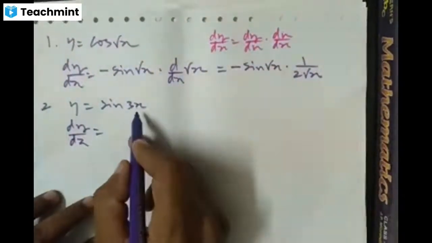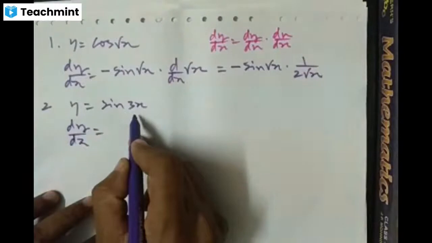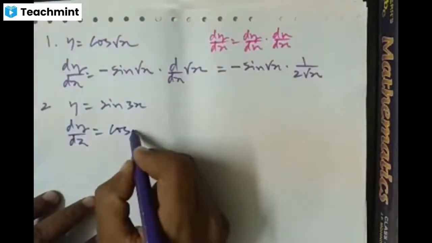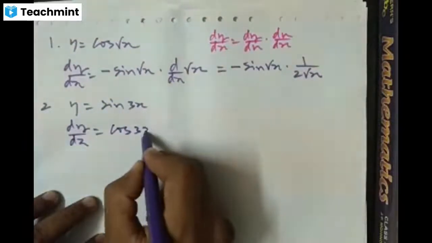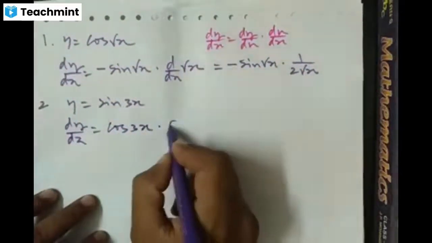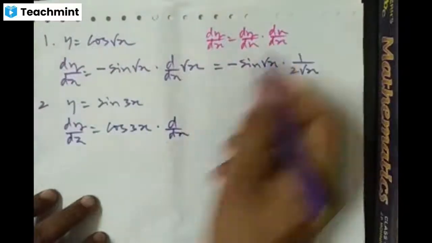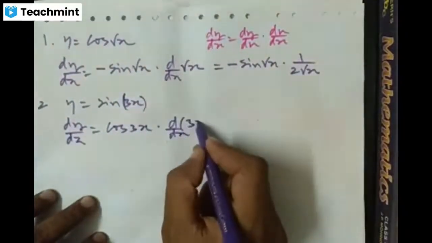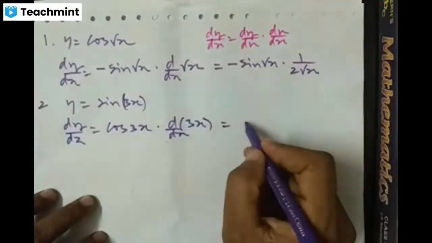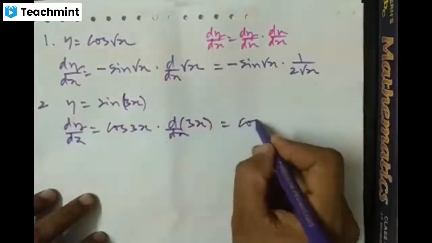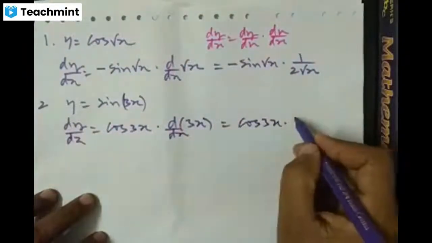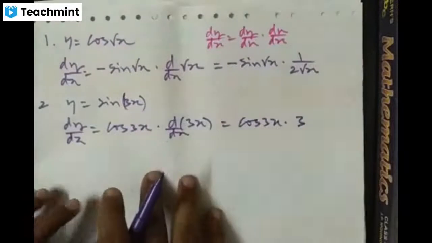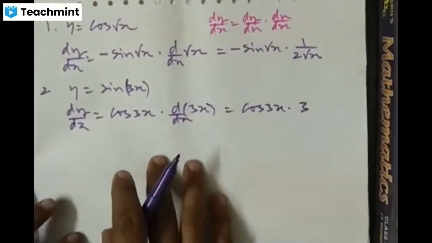What is the derivative of sine u with respect to u? Derivative of sine u is cos u, right? So cos, in place of u we have 3x, into d by dx of u. What is our u? Our u is 3x. So d by dx of 3x. So finally we get cos 3x into d by dx of 3x, which is 3. Correct? Understood?